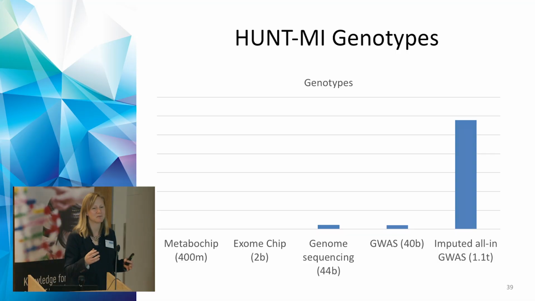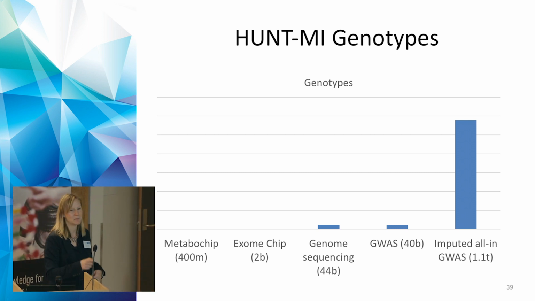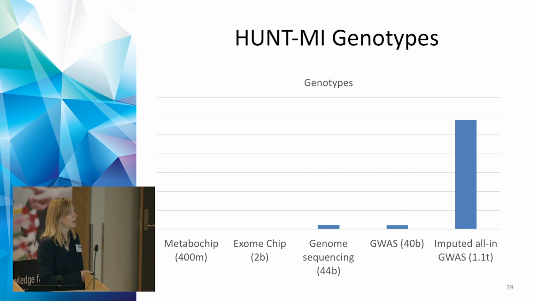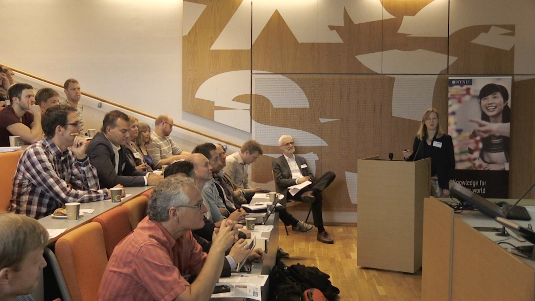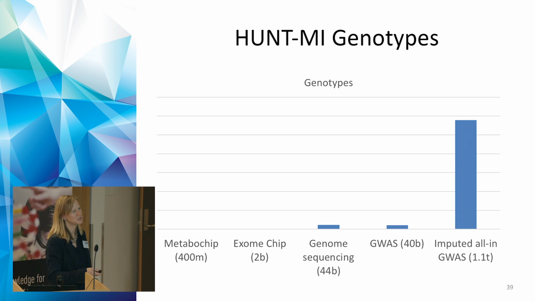I want to give you a little overview of just the scale of how things have changed only in the last 5 years. When Mike and Cristen first got together, they did some metabochip genotyping, I think a couple thousand samples. That's actually 400 million genotypes, which has moved on over time. Our exome chip study that I mentioned was funded by the liaison, but that's 2 billion genotypes.